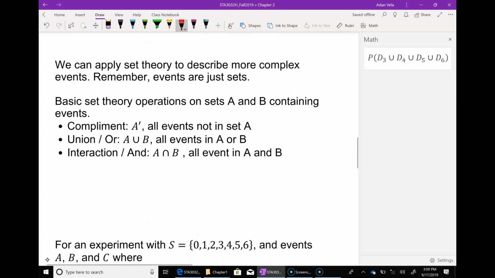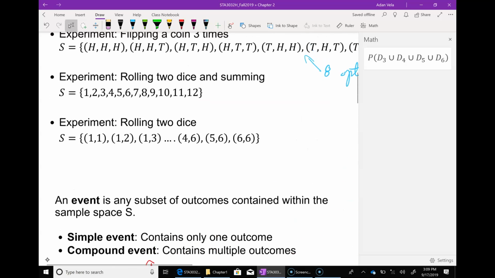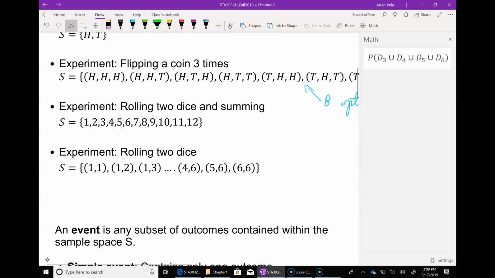The way we go about creating these more complex, compound events is usually through the use of set theory. Probability and set theory go hand in hand, because really that's all that these events are. We're starting off with some sample space, which is a set.